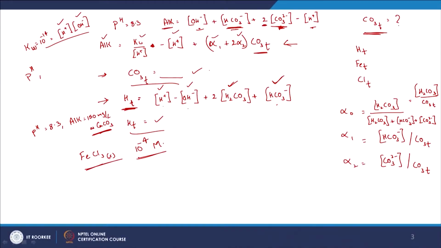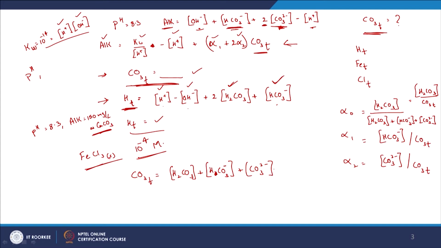So now, think of this, we have CO3 total somewhere listed here. Did we list that here? Okay, we did not, so let's list that here. What is CO3 total equal to? We did find it out earlier. What is it going to be present as? It's going to be present as H2CO3, HCO3 minus and CO3 2 minus, right.